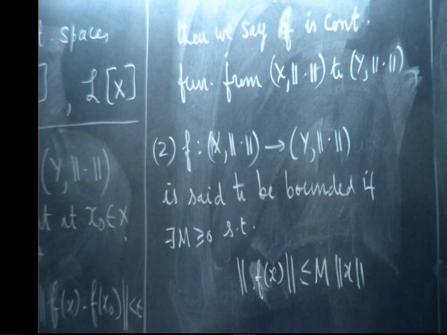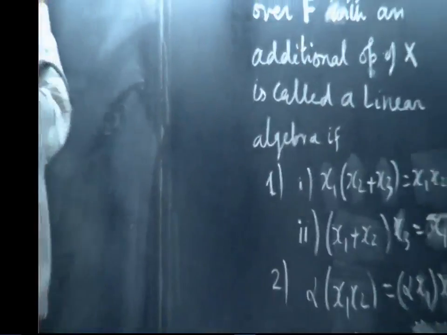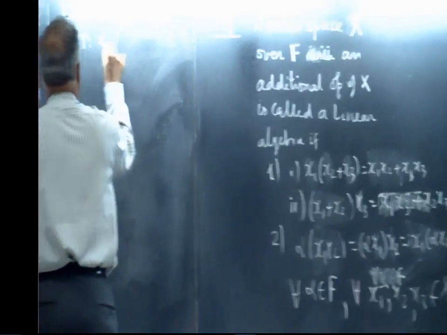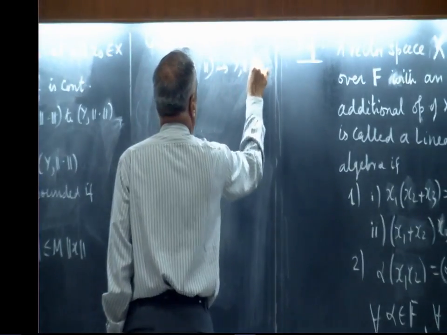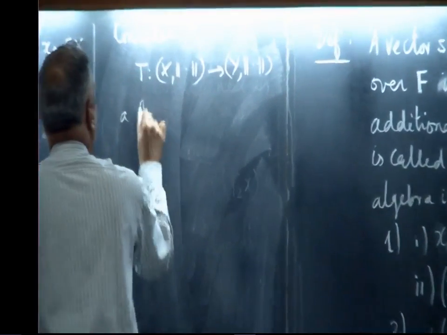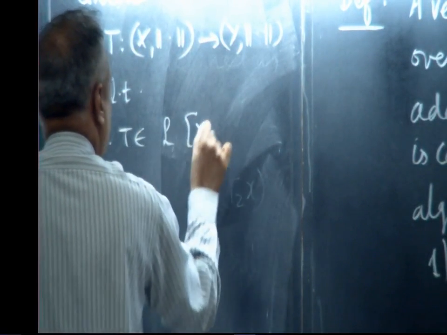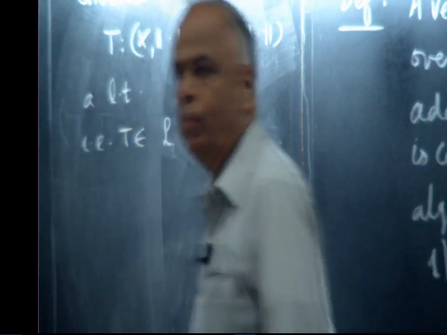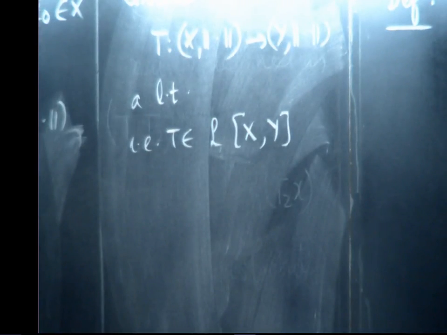We said that if we consider T mapping X to Y, a linear transformation, that is T belongs to L(X,Y), then what we saw last time was that continuity, boundedness and even continuity just at the origin are all equivalent.